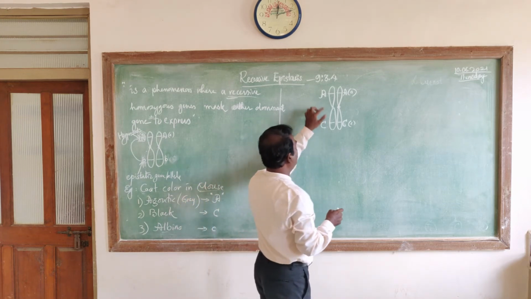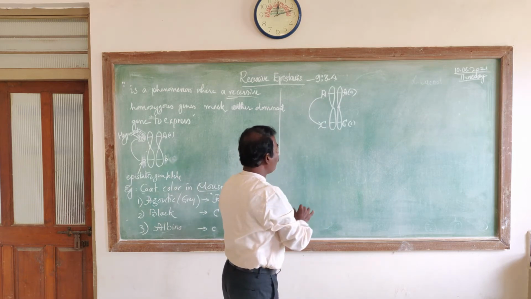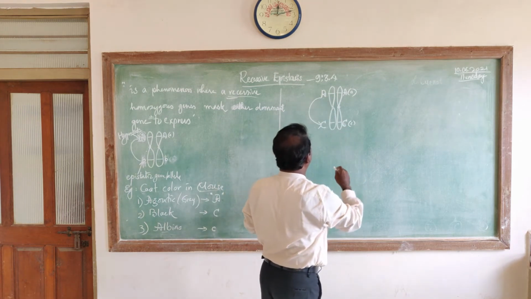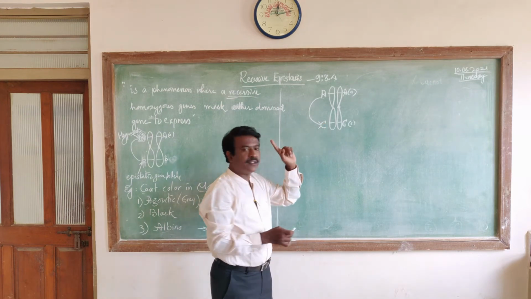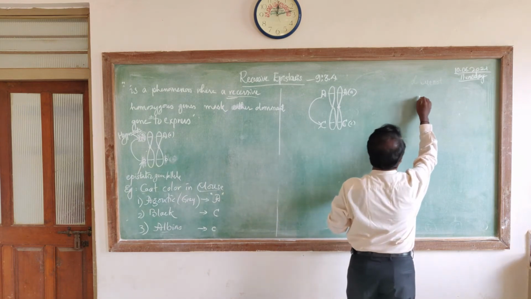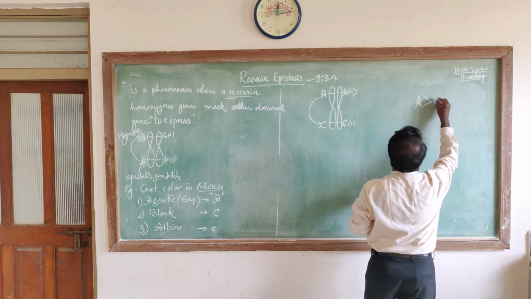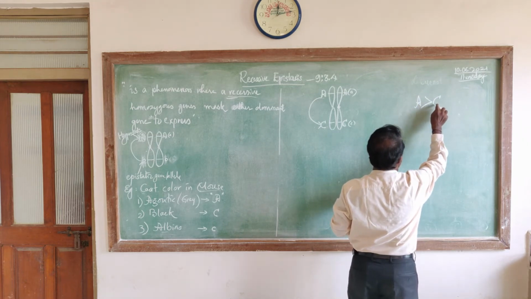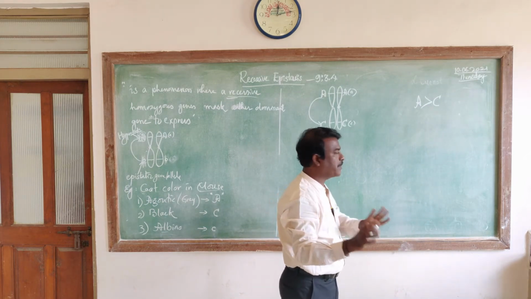Here, literally speaking, this dominant allele to express agouti is known to suppress capital C for black color, so that when these two come together, agouti colored gene will dominate the black color gene, that is capital C. This is how, let me write it like capital A is known to dominate capital C. Means when capital A comes with capital C, capital A will express, capital C will fail to express its respective color, that is black color.